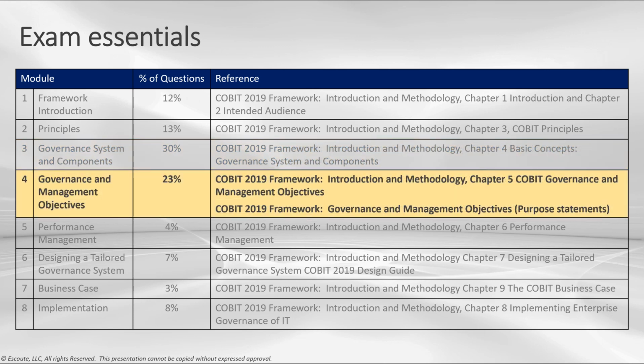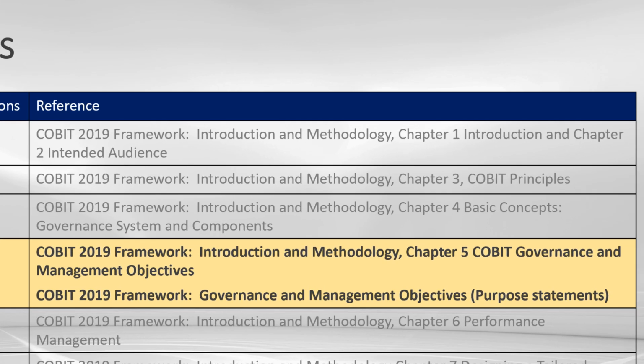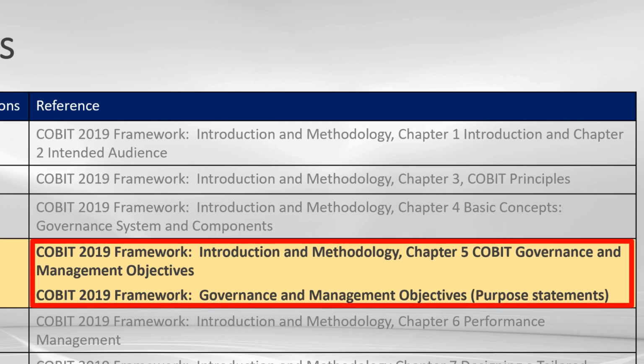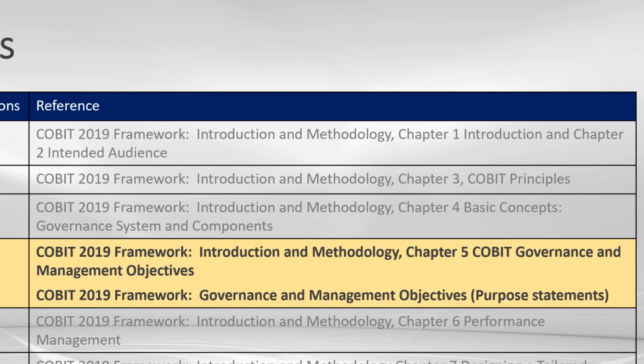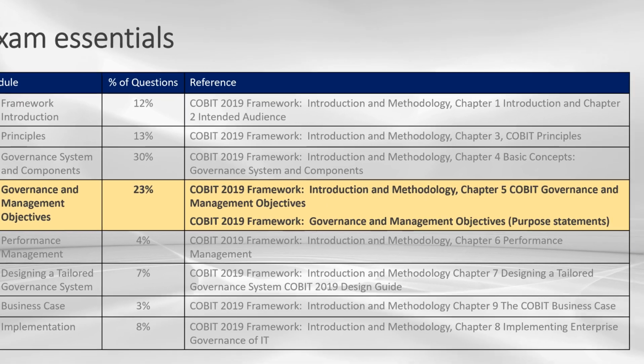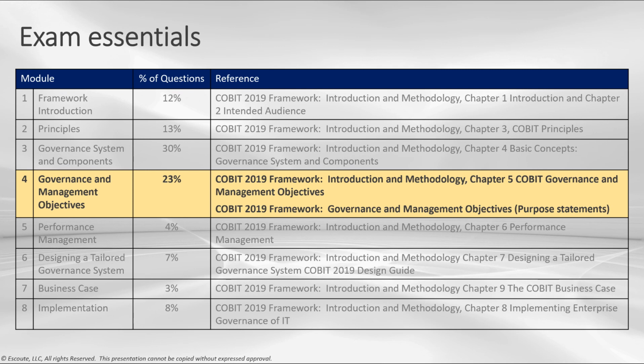Coming in close second at 23% are the governance and management objectives. Notice I have 2 guides highlighted here. One is the Introduction and Methodology, and the other is the Governance and Management Objectives. What you'll need to know for this exam are the purpose statements for each of the 40 Governance and Management Objectives. You can find that information in this Governance and Management Objectives Guide, or it also is included in the Introduction and Methodology in Chapter 5.